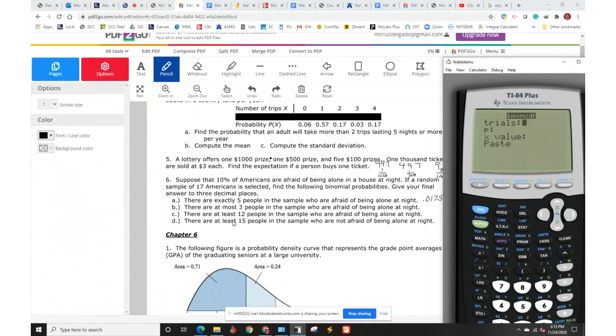The binomial CDF goes from left to right, just like the table does, just like all the tables do. The way you would get from right to left is you have to subtract from 1. So at most 3. That means it'll do 0, 1, 2, and 3.